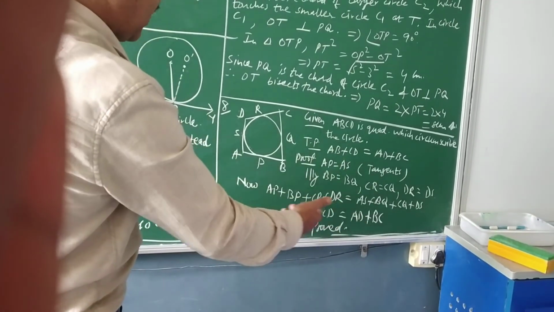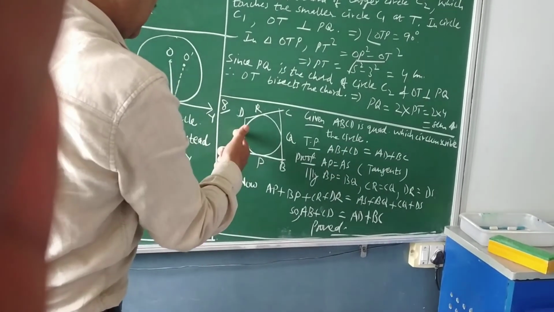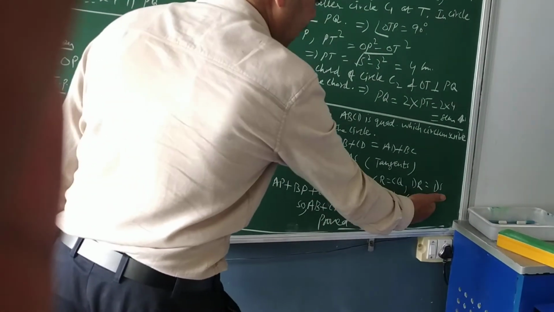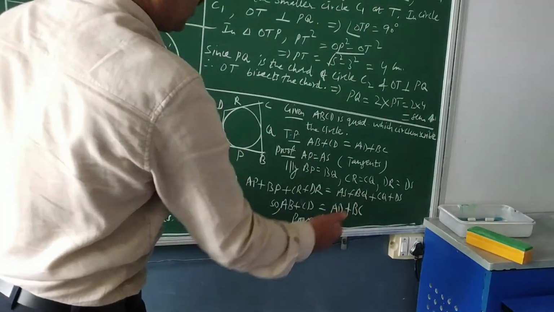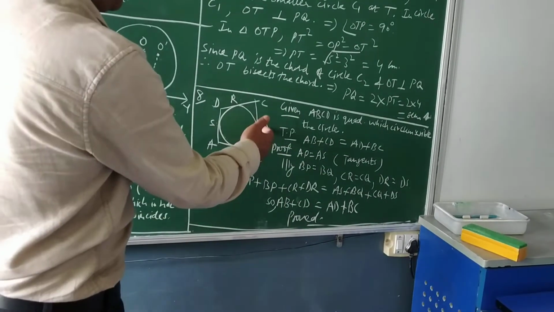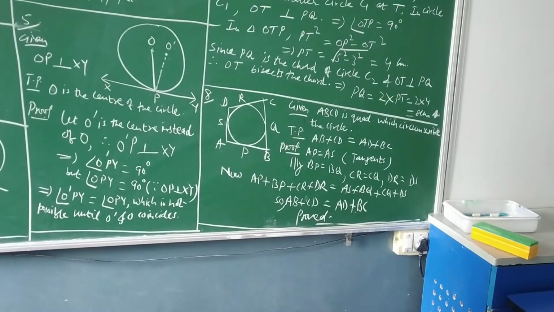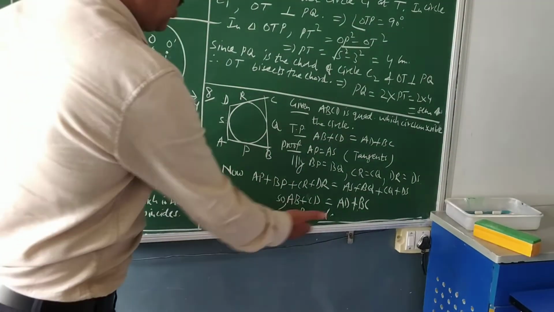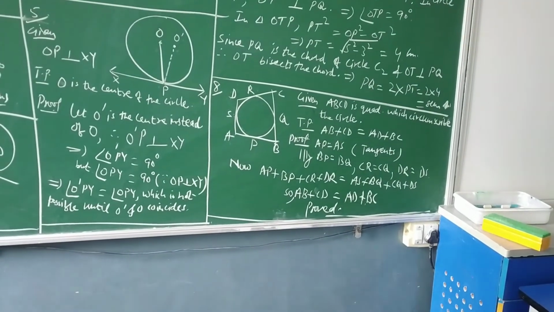Similarly, on the right hand side, you need AD. AD is what? AS and DS. These 2 parts, AS and DS, are parts of the right hand side, and that will help you to get AD. And similarly, BQ plus QC will give you the total length BC. And automatically you will reach your answer, that is AB plus CD is equal to AD plus BC.